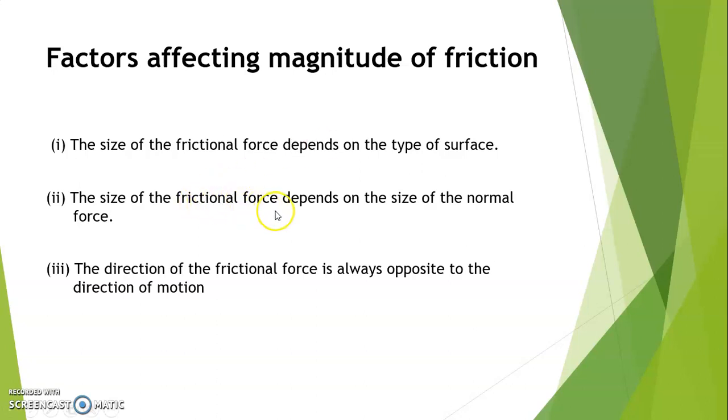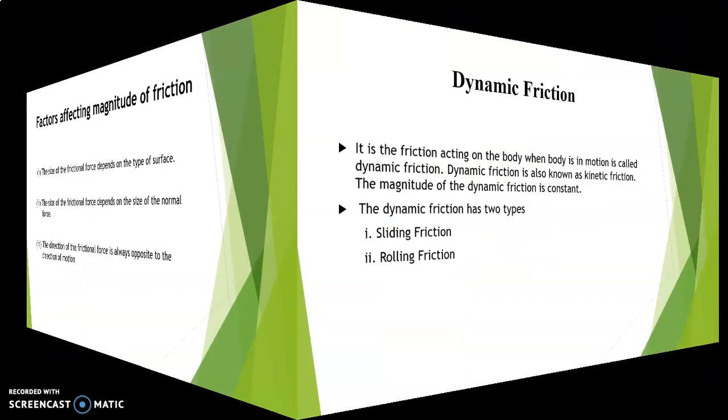Factor number two is that the size of the friction force depends on the size of the normal force. They are directly proportional to one another. The higher the normal force, the higher the friction force. Then finally, the direction of the friction force is always opposite to that of motion, as we had indicated in the earlier diagram.